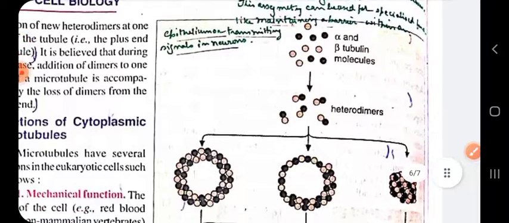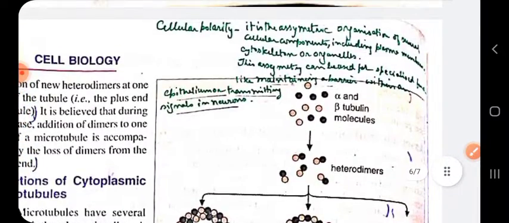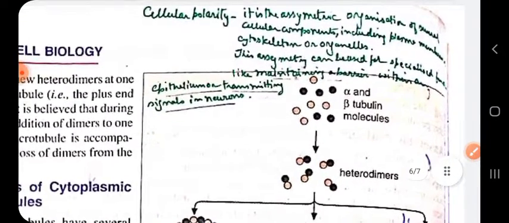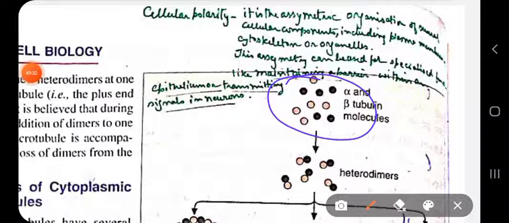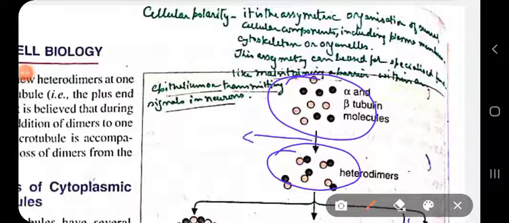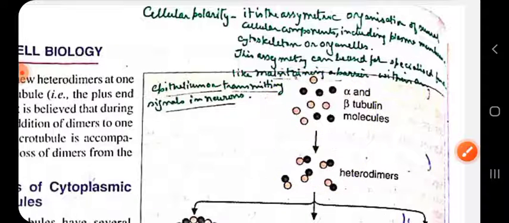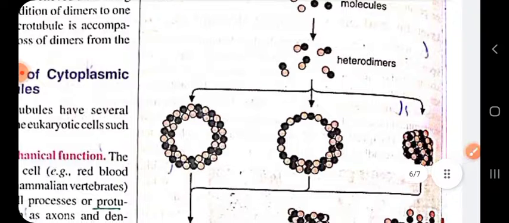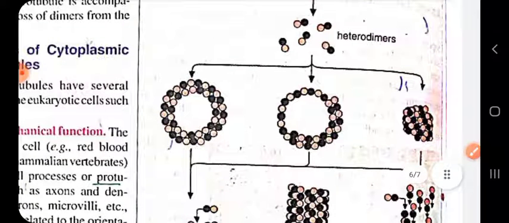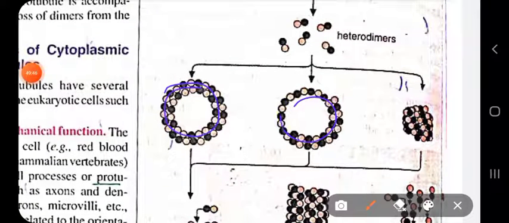So here you can see the whole thing which has been mentioned, the alpha and the beta tubulin, which are assembled by phosphorylation. They have been phosphorylated with the help of a kinase enzyme, cyclic AMP dependent kinase, and these heterodimers then assemble to form various patterns of structure.